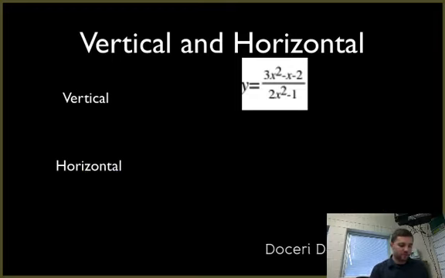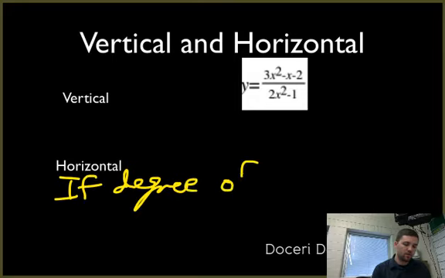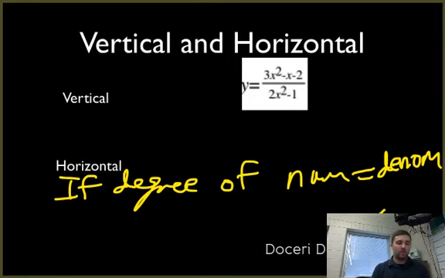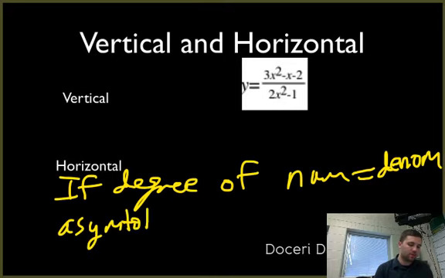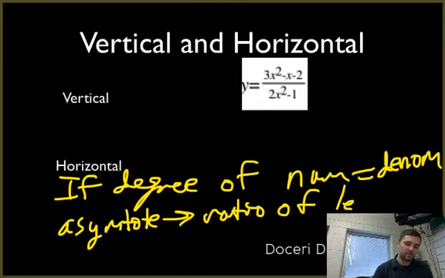Now, what happens if the degree of numerator and denominator are equal? What if that happens? Well, then I'm looking at the ratio of the leading coefficients. So the asymptote is the ratio of leading coefficients.